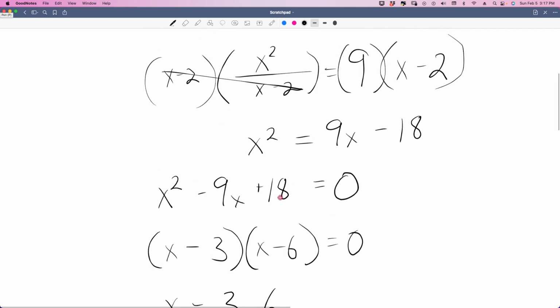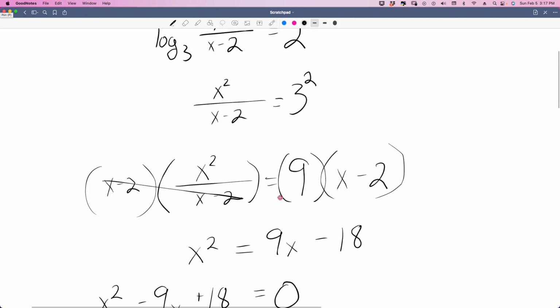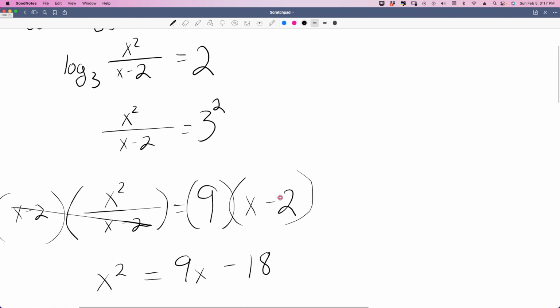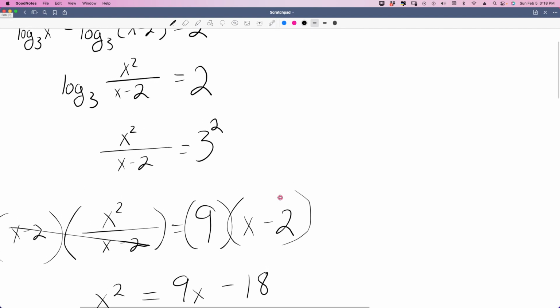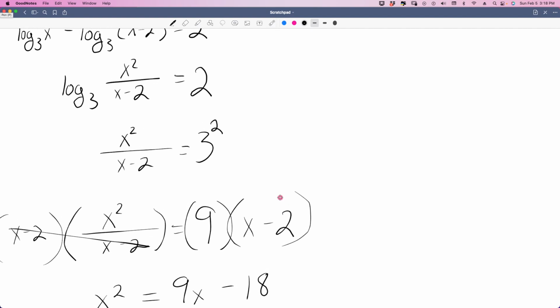So what we have to do is go back to our very beginning, and we have to check to see that x squared and x minus 2 would both give us a value greater than 0. Our roots are 3 and 6. So x squared, is it greater than 0? And x minus 2, that has to be greater than 0.